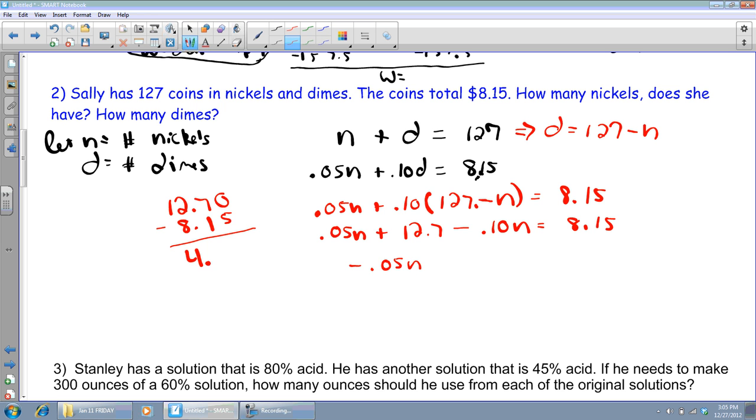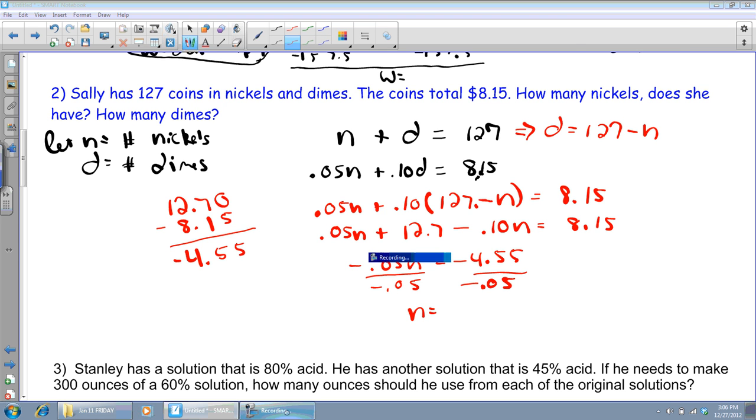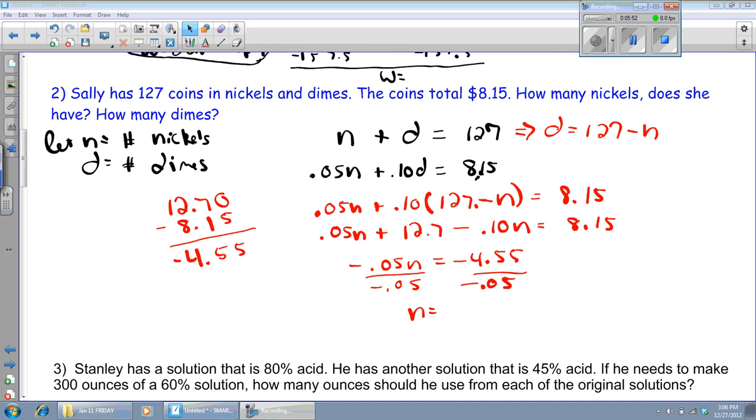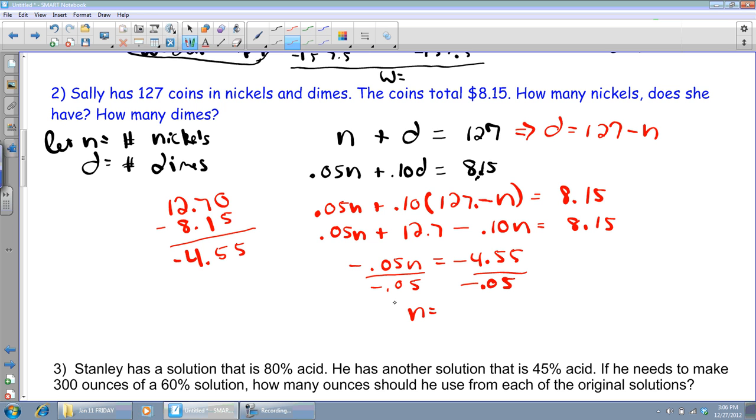So I believe we have 4, 5, and a 5 there. So I'm going to get a negative 4.55. And then I'm going to divide by negative 0.05. So the number of nickels is going to be equal to 91, right?